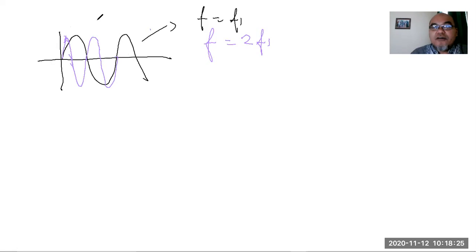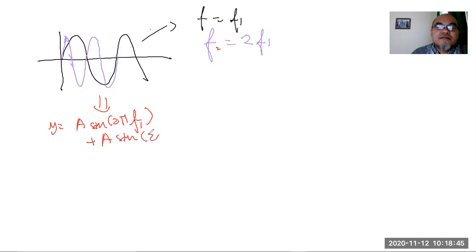Then the overall signal will be y equals A sine 2 pi f1 t plus A sine 2 pi f2 t.